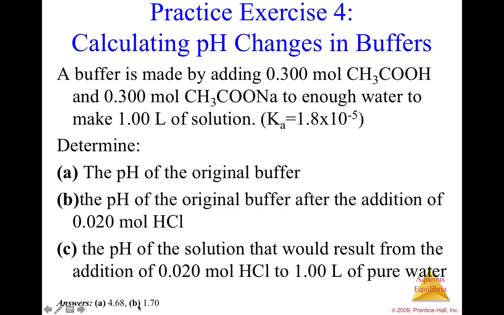Just realize the answers are here. This is actually the answer for B, and this is the answer for C. I put A back in here. So what I want you to do is go ahead and pause the video and answer A, the original buffer, and then play again. I'll go over A, and then I'll have you pause, do B, pause, and C.